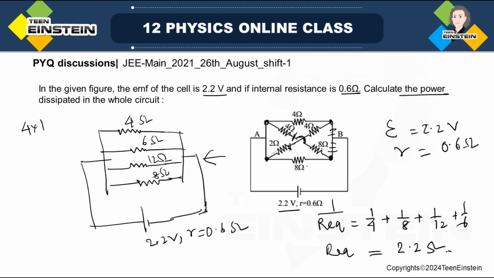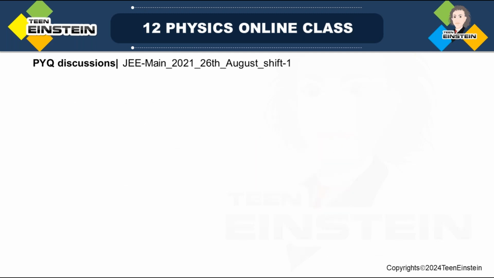Now to find the power dissipation, we have the resistance, so we know V square by R equivalent. V square was 2.2 whole square by R is 2.2.